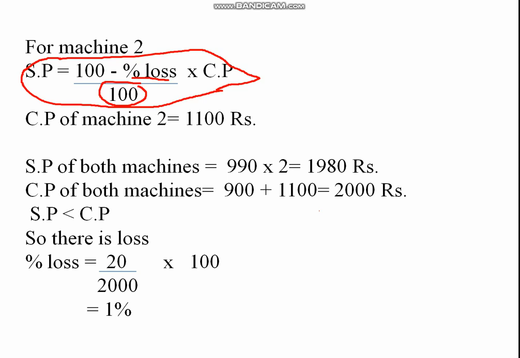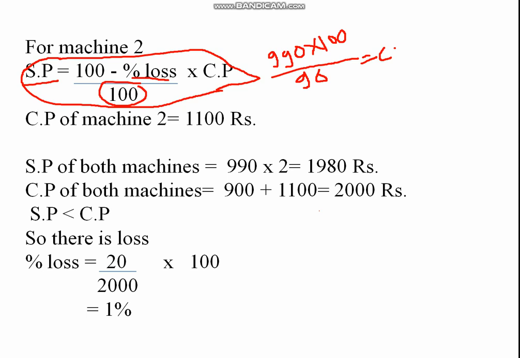So on the left hand side we get 990 into 100 divided by 90, because 100 minus percentage loss is multiplied on the right hand side, so to the left it will divide, which is equal to CP.